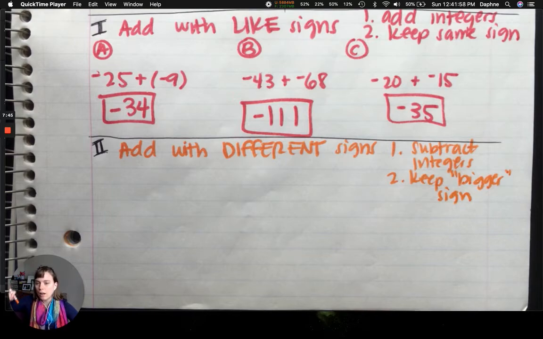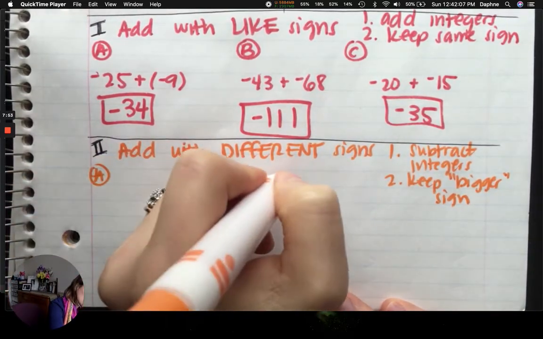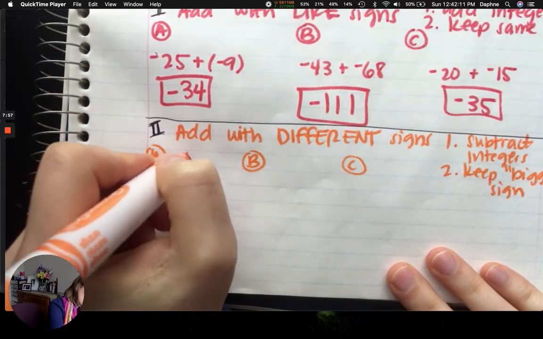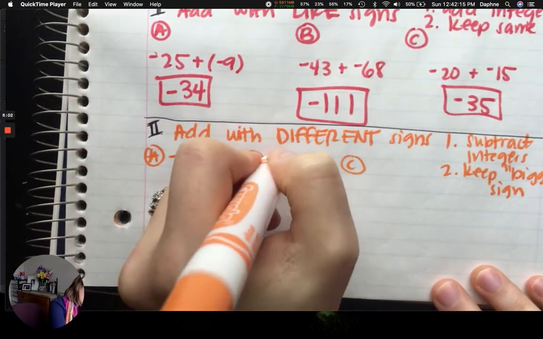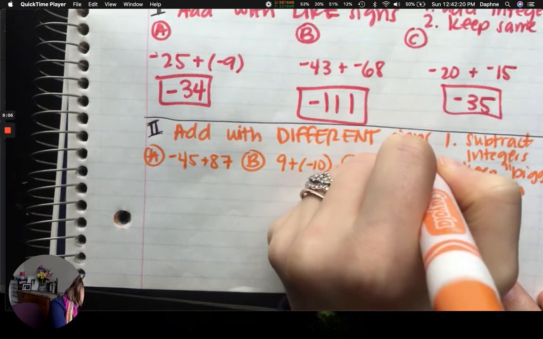That's why we learned about them last class or last video, because of these examples. So I have 3 examples again. A, B, C. First example is negative 45 plus 87, 9 plus a negative 10, negative 31 plus 31.